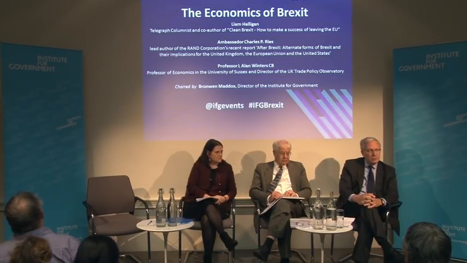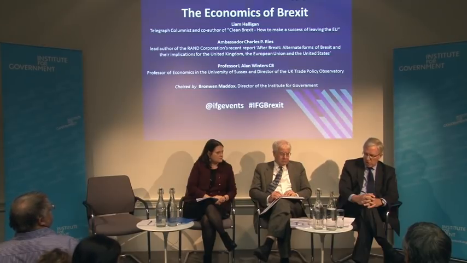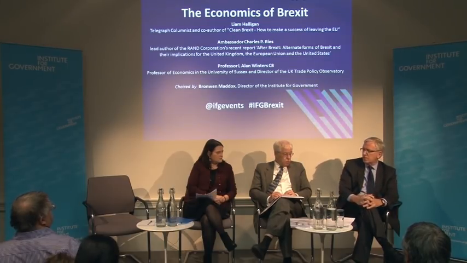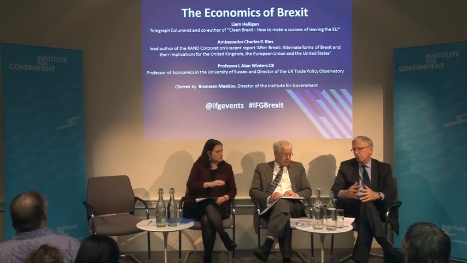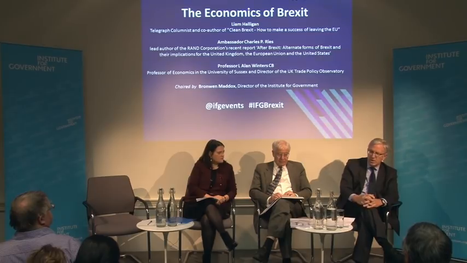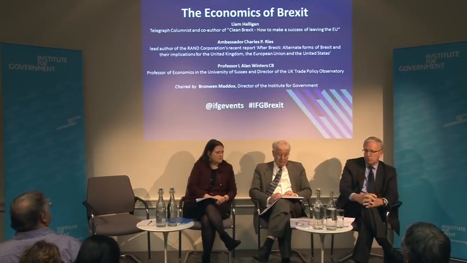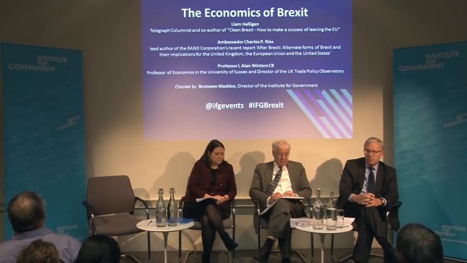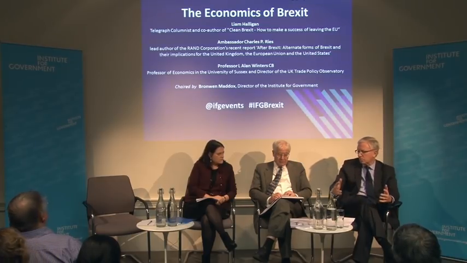So the headline you've probably seen is that in all of the plausible scenarios, we find the British economy to be worse off. The question really is how much worse off. The so-called no deal, worse off than now. Worse off than now. And the no deal scenario, where Britain trades with the world on the basis of WTO rules, is the worst.